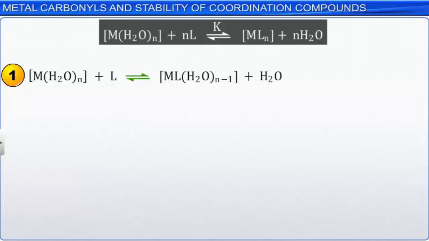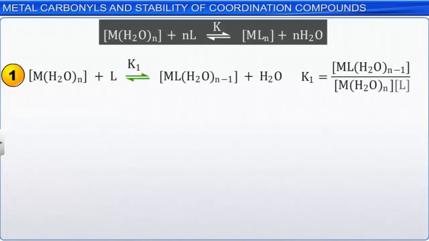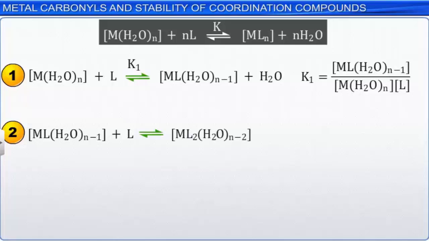The second step may be written as ML(H2O)n-1 plus L in equilibrium with ML2(H2O)n-2 plus H2O. Stability constant K2 for this step is equal to the concentration of ML2(H2O)n-2 divided by the concentration of ML(H2O)n-1 multiplied by the concentration of L. Similarly, for the nth step, the reaction can be written as MLn-1(H2O) plus L in equilibrium with MLn plus H2O.